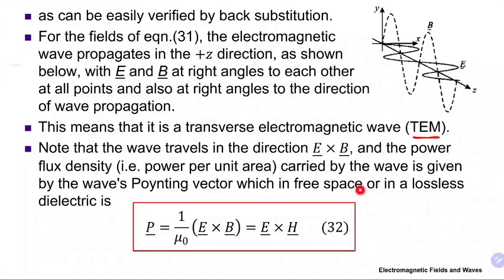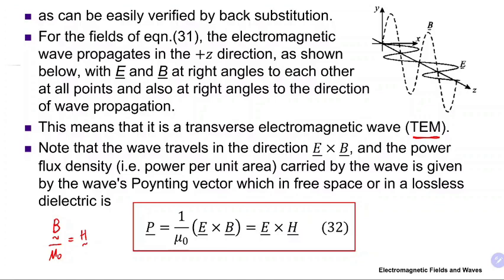And we can define a vector known as the Poynting vector, P, which is equal to 1 over mu naught, E cross product with B, or E cross product with H. Okay, so what this tells you is that the cross product of E and H tells you the direction of propagation, and it tells you where the power flow of this wave is.